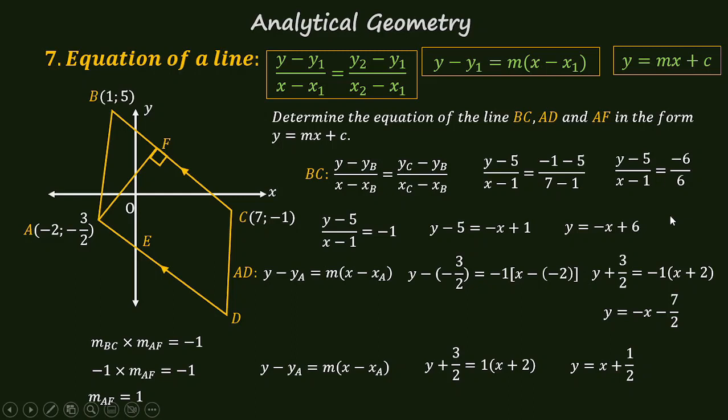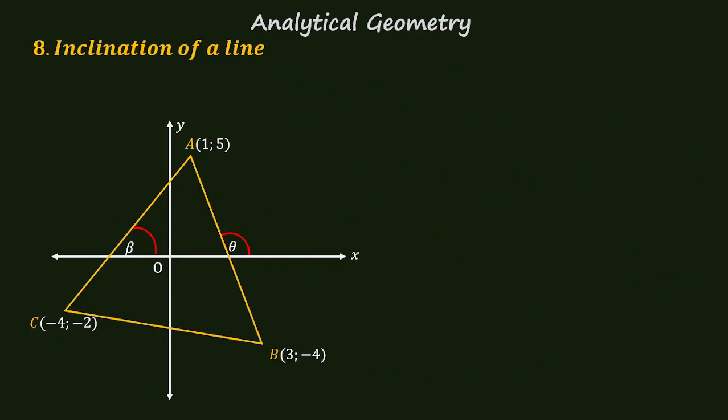And the last part of the lesson before we try a few examples is the angle of inclination, or the inclination of a straight line. The inclination of a straight line is the angle made by the positive direction of the x-axis with the straight line of interest.